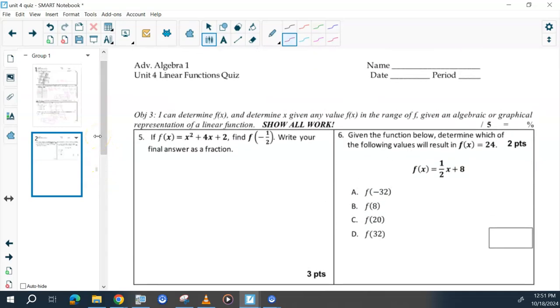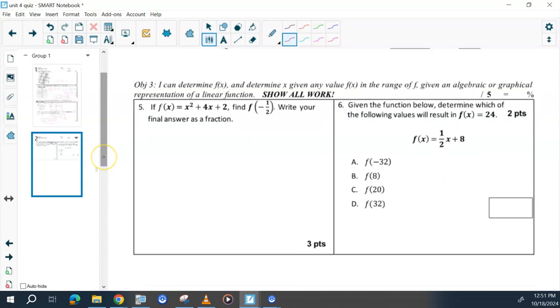Okay. Most of the issue I saw with this one was we did not use parentheses. So we ended up getting a negative when we should not have. So this was our x, so if I put that in for each of my x's, when you put that in, you should have parentheses around everything, or make sure you have your negative 1/2.